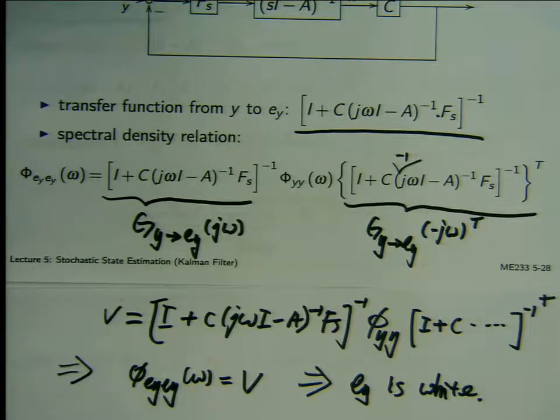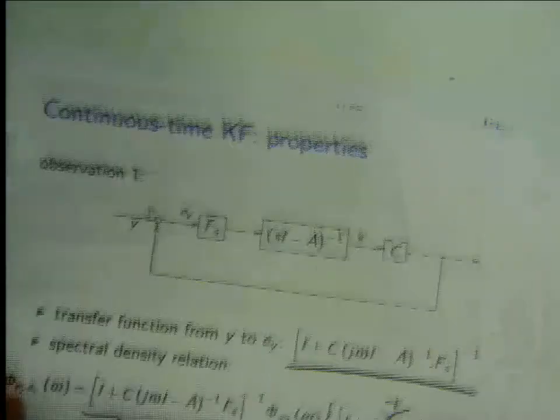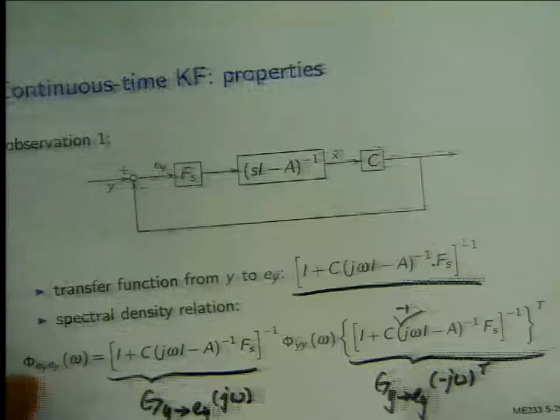So if you think about it, with white noise we cannot do anything further. So this is the best we can do. The Kalman filter has achieved the best result that it can achieve. The estimation error is white. Okay? So that's a good result. That's saying the Kalman filter is doing a great job.